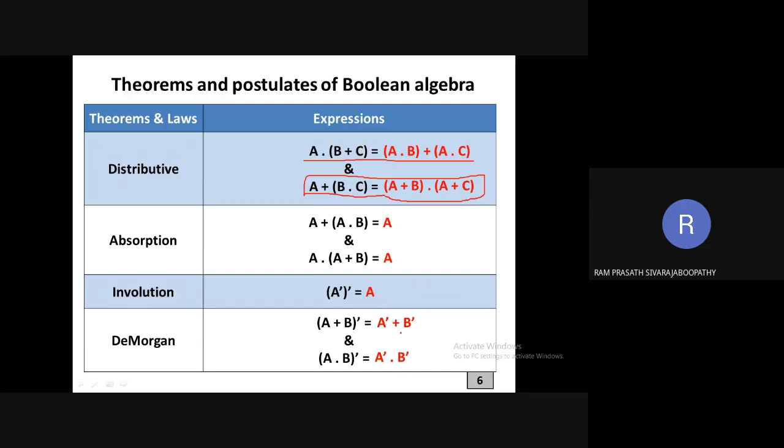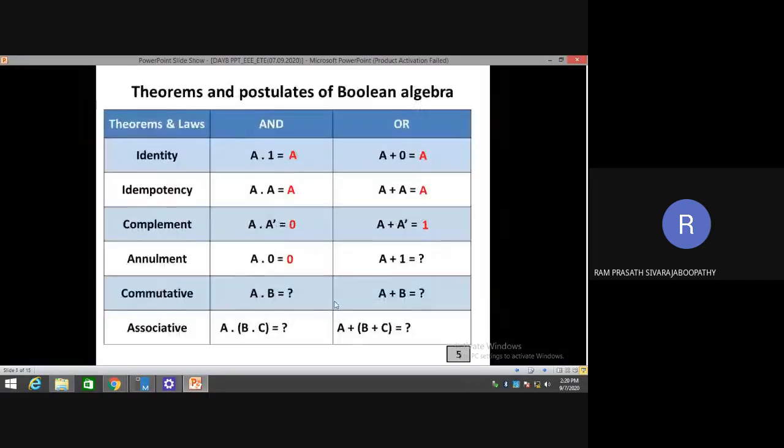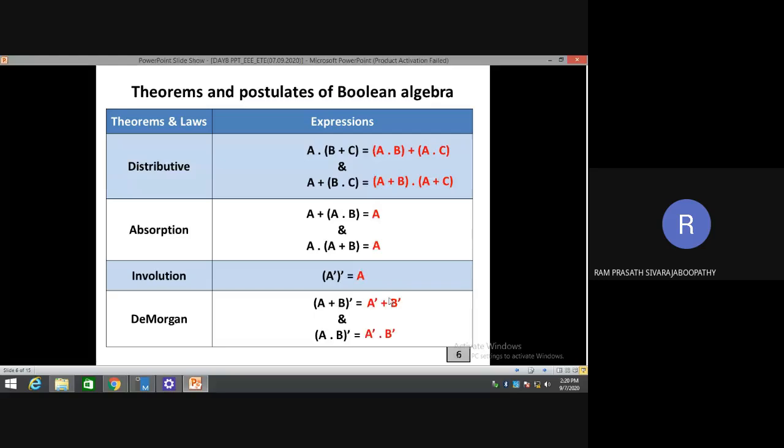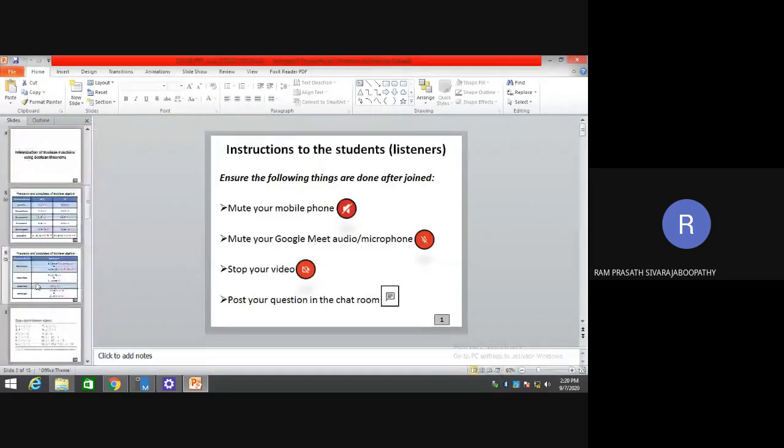I think here there is a mistake. Sorry, De Morgan's theorem is wrong here. A plus B whole bar equal to A bar dot B bar. So here it is dot.